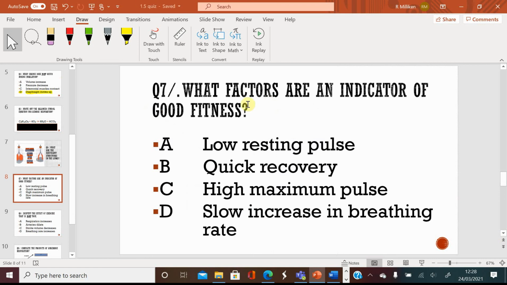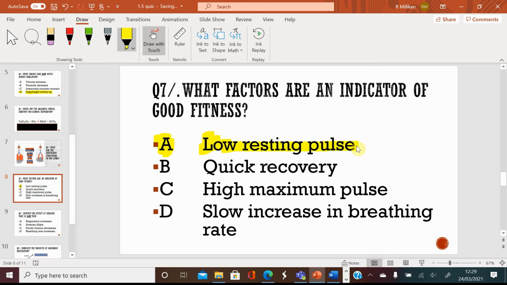What factors are an indicator of good fitness? Okay, this is just trying to test you on the idea that the fitter somebody is, there are some key indicators when it comes to their breathing, respiratory system, and the circulatory system. Firstly, they tend to have a lower resting pulse. Okay, so I would allow A. There's actually 3 answers here to get full marks.